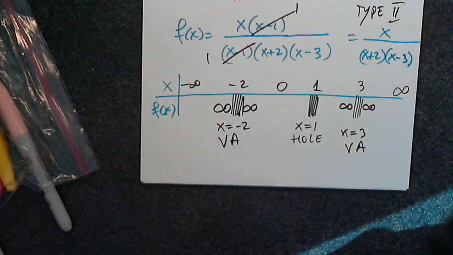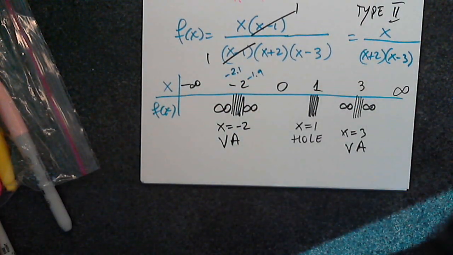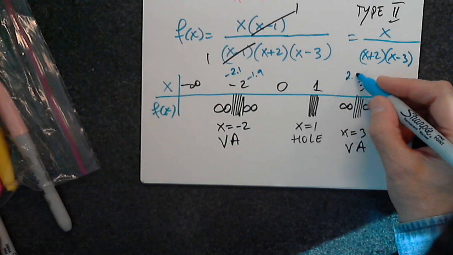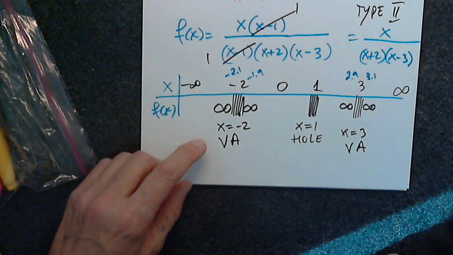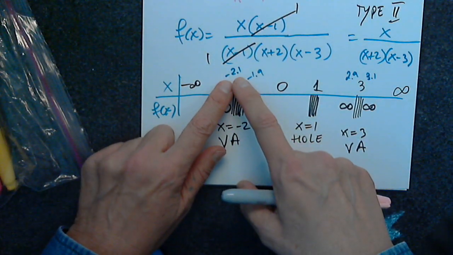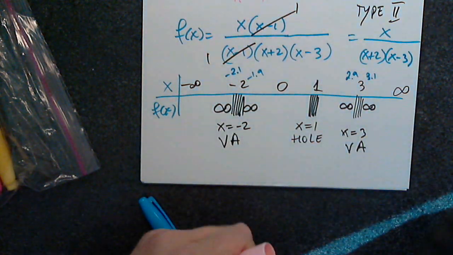Let's determine the signs left and right. Let's say with -2.1 and -1.9, and let's say with 2.9 and 3.1. Let's do this together so we're all on the same page. So I'm using -2.1, a negative number.